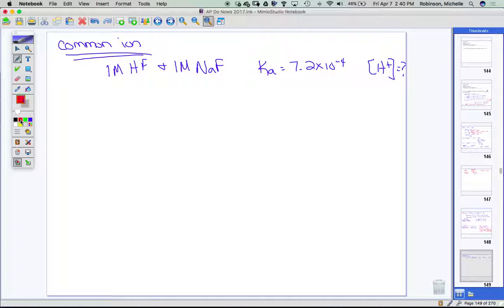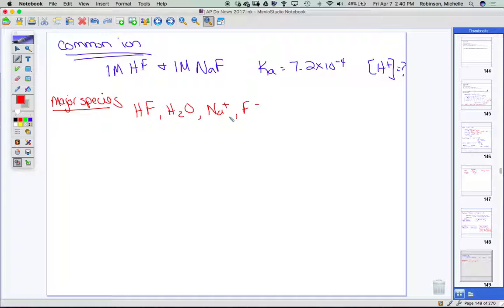All right, do exactly the same thing you've always done. What are our major species in solution? HF, water, what else? Oh, but how does NaF mostly exist in solution? As ions, right. So it's Na plus and F minus. Now you have to decide which one of these is going to dictate the pH.